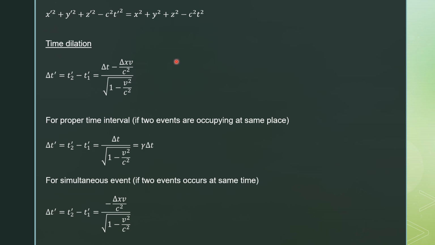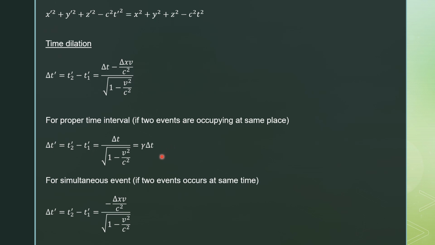So let's come to the time dilation. Here delta t', that is equal to t2' minus t1', will be delta t minus delta x v by c square, whole divided by root over of 1 minus v square by c square. And for proper time interval, that is if two events occur at the same place, then we can consider that delta x will be 0.